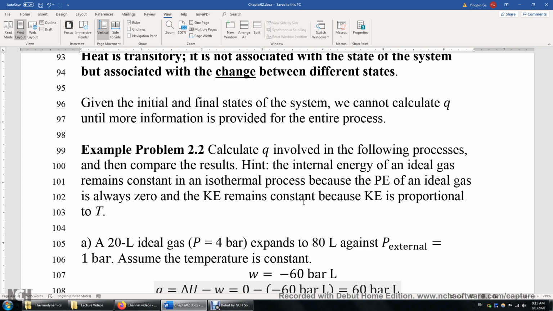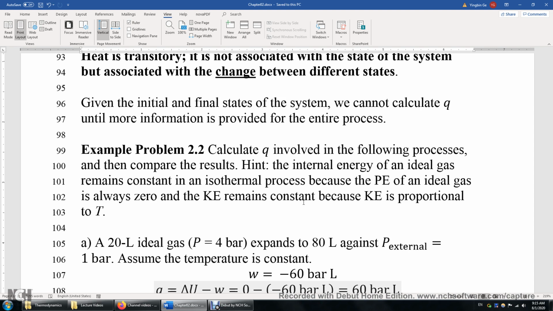Again, this is because the attraction, repulsion, and the sum of attraction and repulsion is always zero for an ideal gas. Therefore, the internal energy of an ideal gas only depends on its kinetic energy. And remember, temperature is the measure of kinetic energy. Therefore, higher temperature, higher kinetic energy.